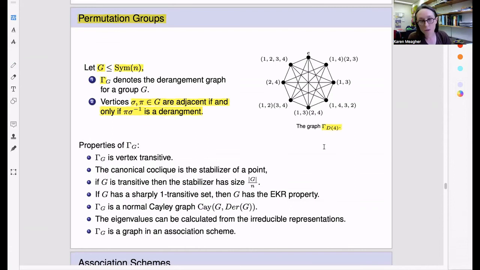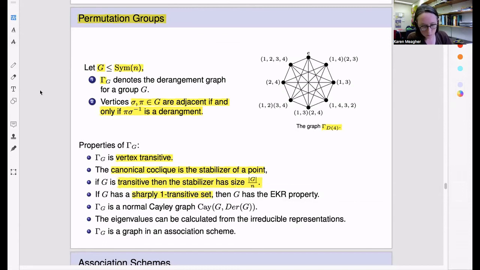So this is the derangement graph for the dihedral group. This graph is always going to be vertex transitive because the group acts on itself. A canonical co-clique is the stabilizer of a point. So long as we're transitive, I know exactly what size it is, and that's my candidate for being the largest intersecting set.